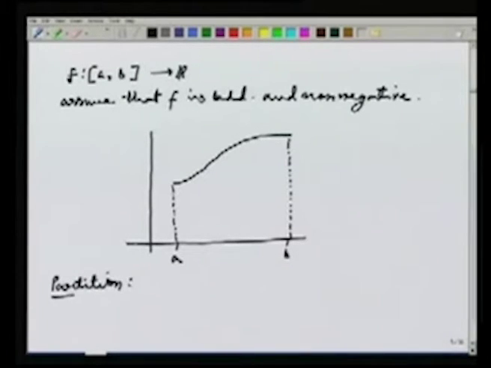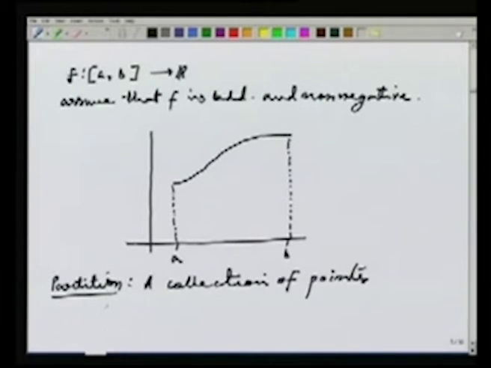Partition just means a collection of points x0, x1, x2 and so on up to xn equal to b.